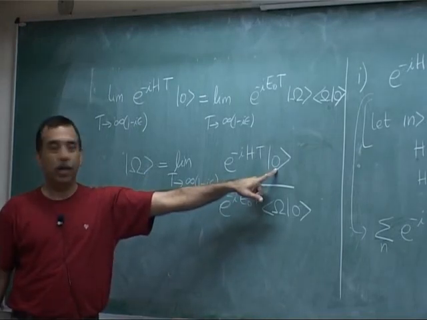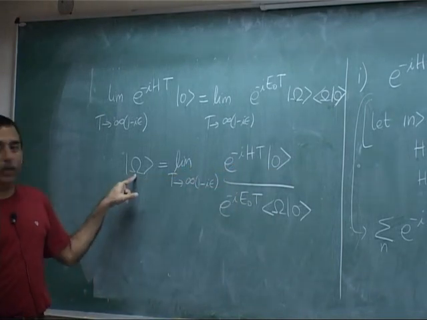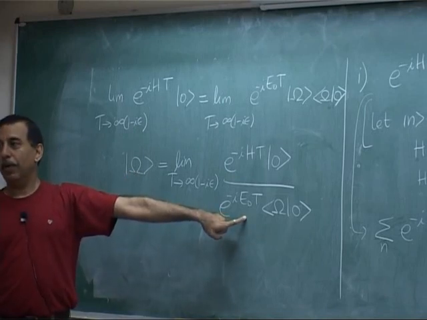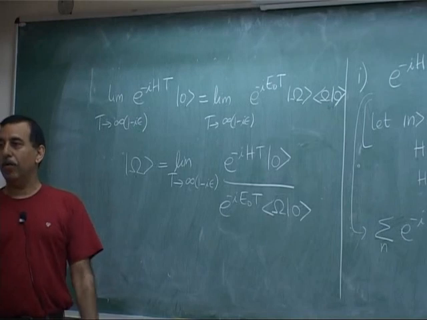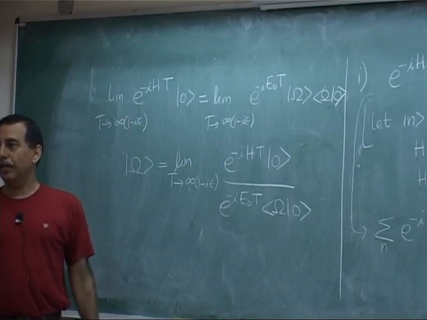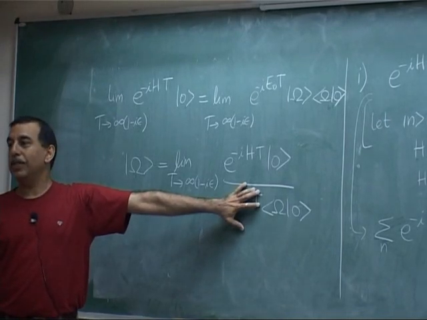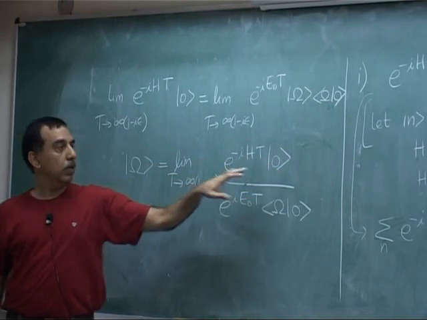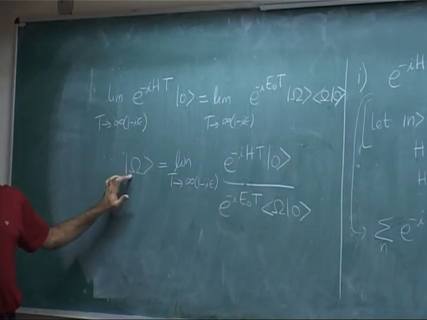If I take the free vacuum and evolve it for a long enough time with the full Hamiltonian, I end up with the interacting vacuum up to a normalization. Remember that normalizations are inessential until I am extracting final physical results. I can even drop it on the way so long as I remember at the end to put it back. Normalization in any case is just a proportionality factor. The question is, what is the quantum state 0 with e to the minus iHT acting on it? The answer is the interacting quantum state omega.